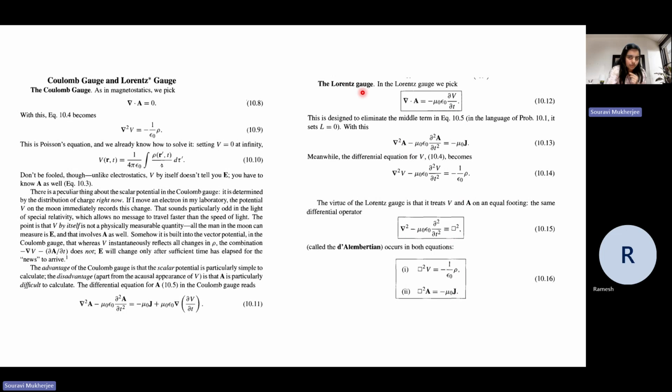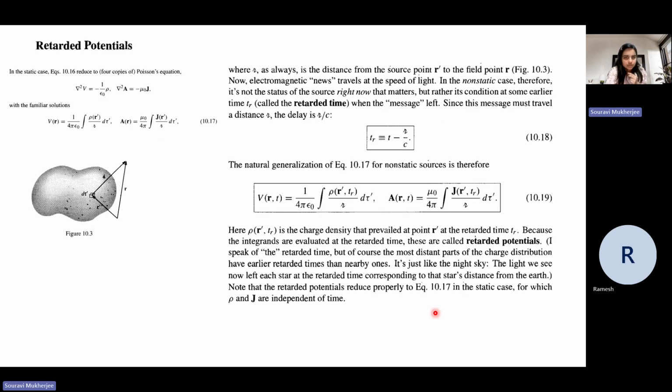If you use this Lorentz gauge, then this is the form that your potentials have. And if you can solve for the potentials, you can again go back and solve for the electric fields. So that's the basic idea of why it's important and useful to include these gauges in the potential calculations.